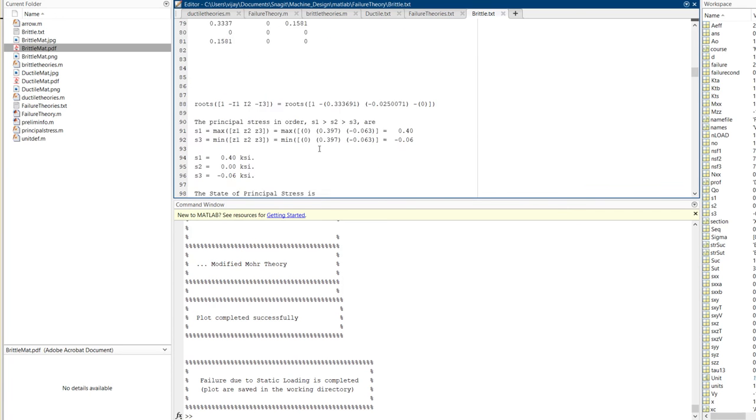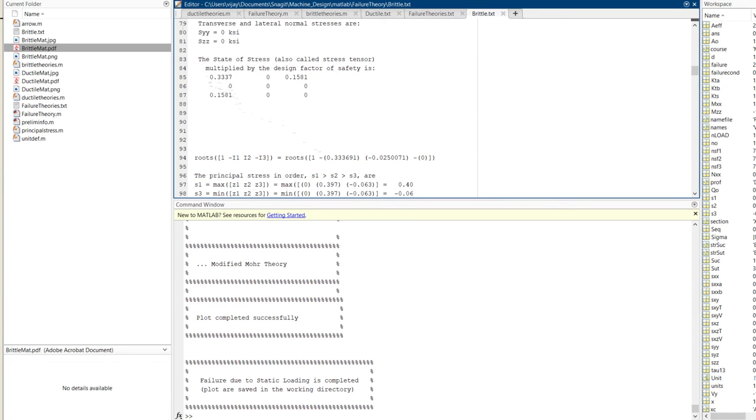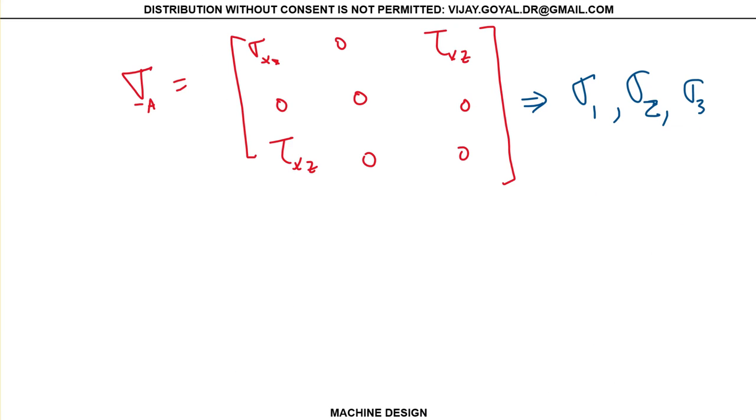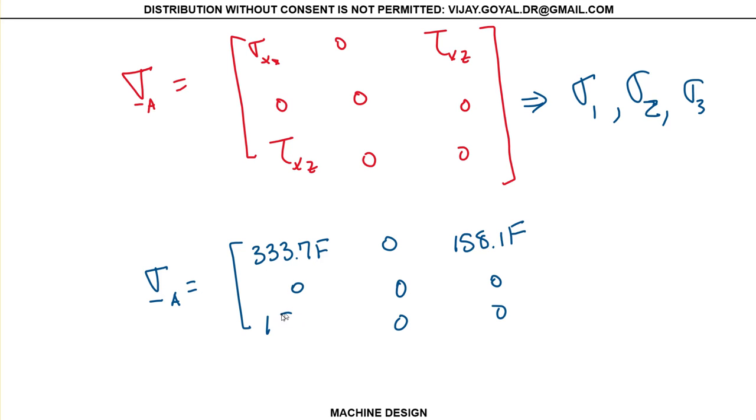So when I run this, it does the whole analysis and says, this is my state of stress. You see these values? These values will give me what my stress really looks like. After you do the whole plug and chug, your state of stress for this problem will be 333.7 F, 158.1 F, 1.581 F. Okay, don't forget the F. The F is there.